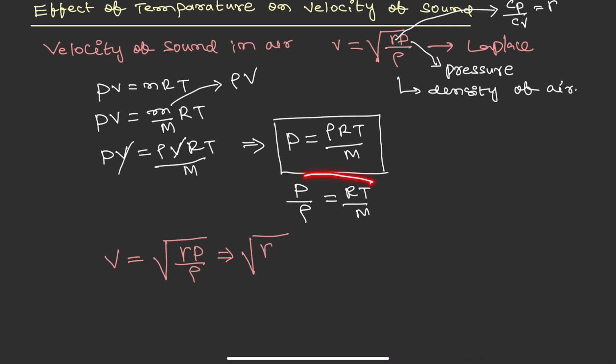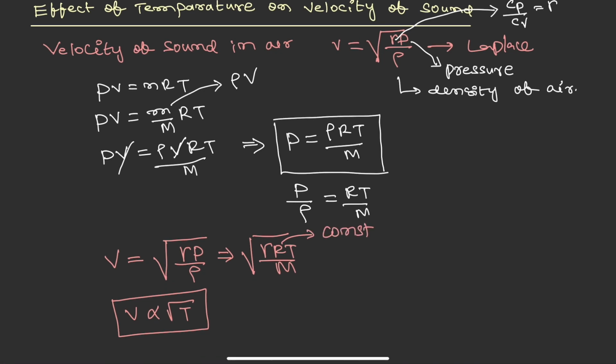P by rho is equal to RT by M. So here V is directly proportional to the square root of absolute temperature. R is constant, M I'm considering as constant, and gamma is also constant.